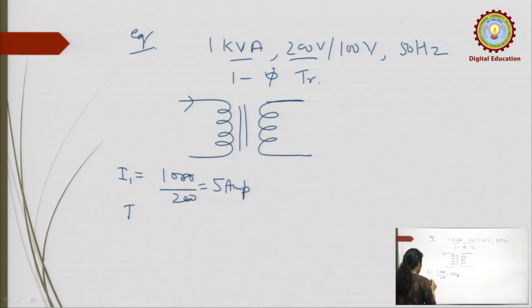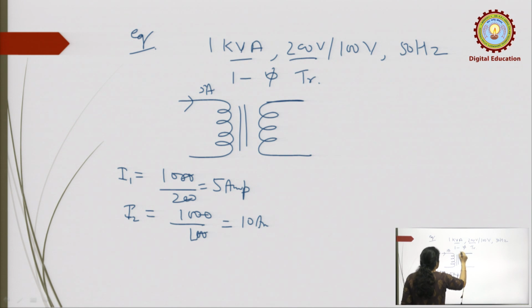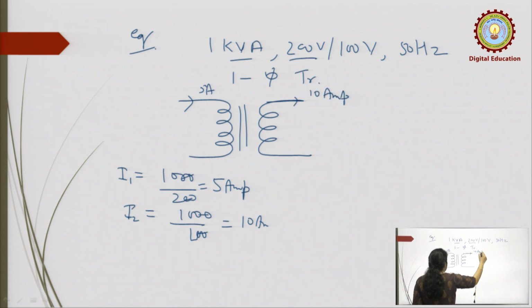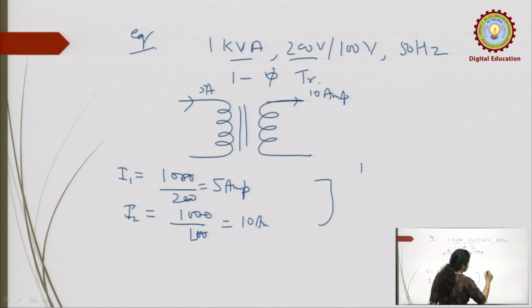And what about I2? It is 1000 divided by 100, so it is 10 ampere. So, it is 5 ampere and this is 10 ampere. Okay. So, suppose you perform the no load test, the open circuit test.